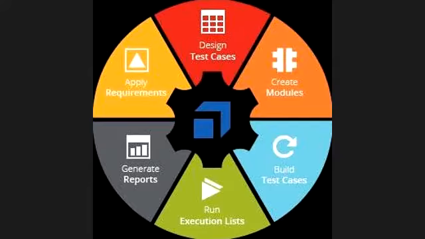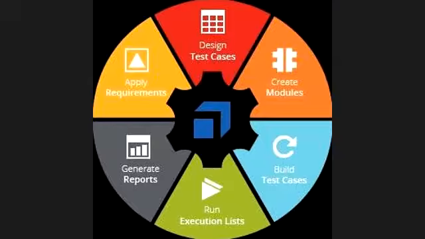So now let's move on. Can somebody tell me what are the different types of waits we have in Tosca? We have wait on, wait after, wait before. We have two types of waits, static wait and dynamic wait. Coming to static wait, what is it actually? Wait for a fixed amount of time.